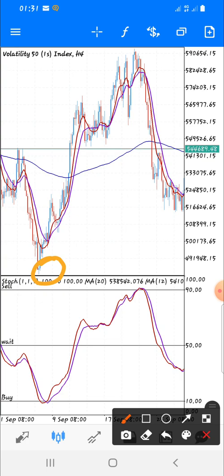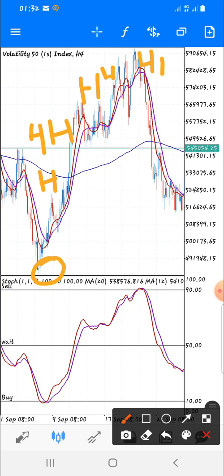Then the price moves higher than the lower, which is the 1H, that's higher. As the price progresses with its momentum, it goes to open another higher price, which is higher than the previous high. You see, another higher price, another higher price.